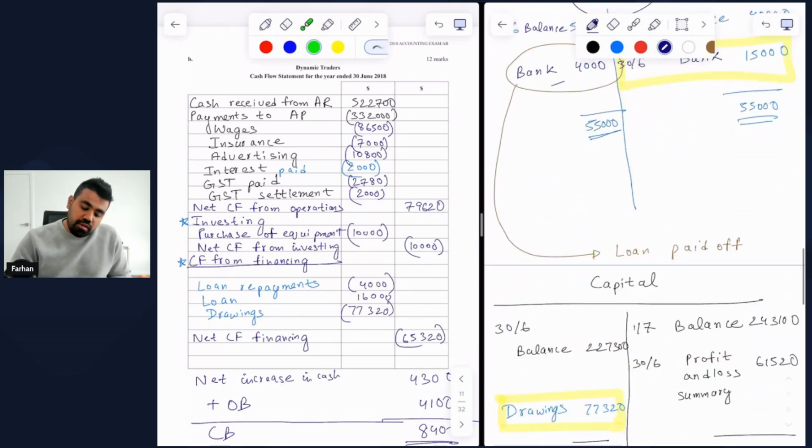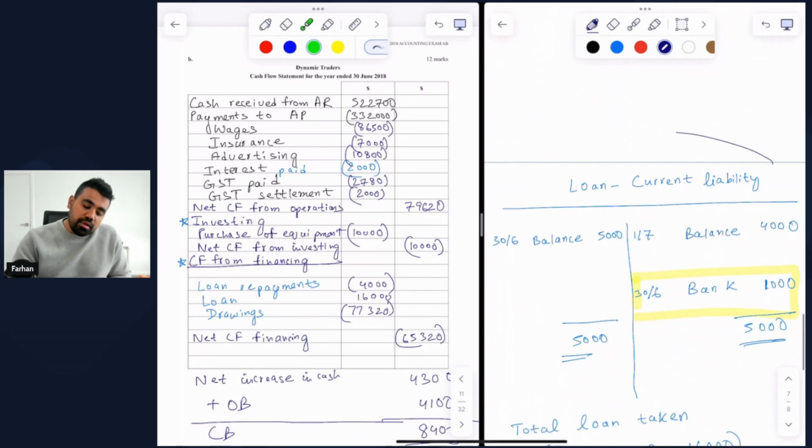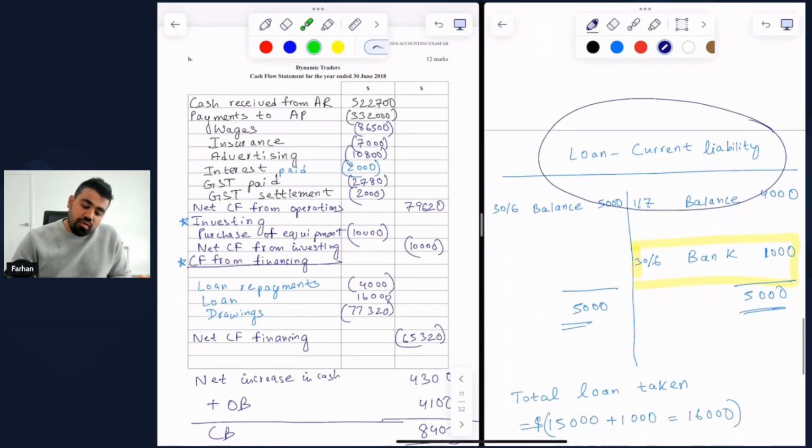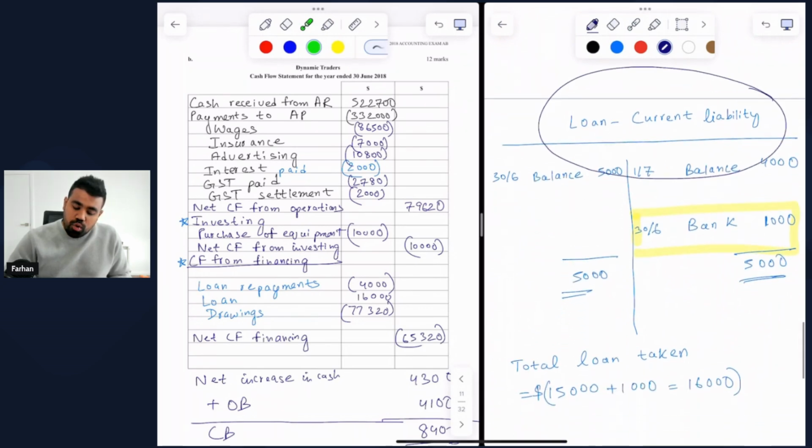Then we also did the reconstruction for the current liability loan account, and we found out that we had taken $1,000 on a current basis and $15,000 on a non-current basis, which gives us $16,000 in total as the total loan that we have taken out during the year ending 30 June 2018. And that is what goes here.